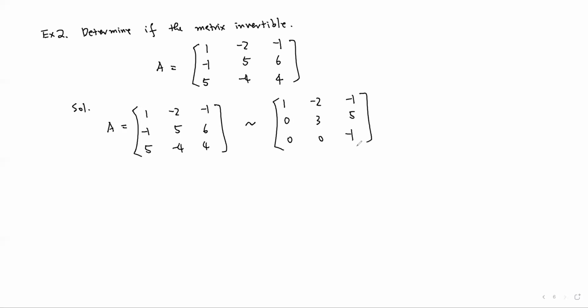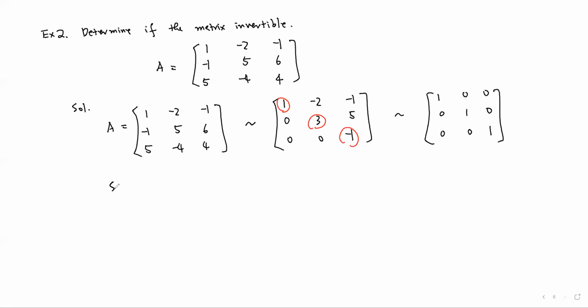This time, because each column is a pivot column, I can use these 3 pivot numbers to create zeros above. And finally, scale each row. Then I get the identity matrix. Yes, this is an identity matrix.